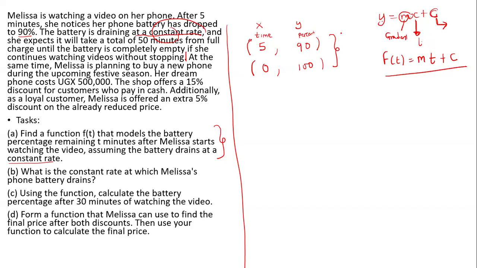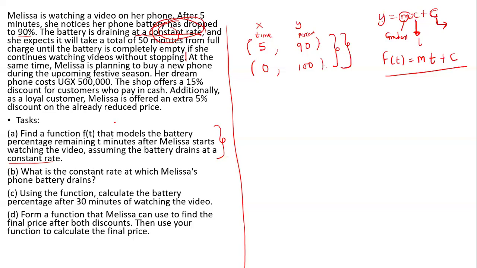Now, if we have these two points, and since they have mentioned that it is a constant rate, it means that it does not change after any given period of time. It is the same throughout. If it is a constant rate, then we can utilize the equation of a line to develop our function.